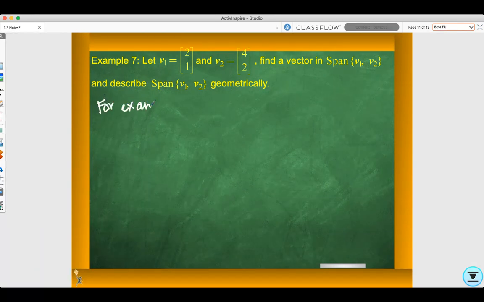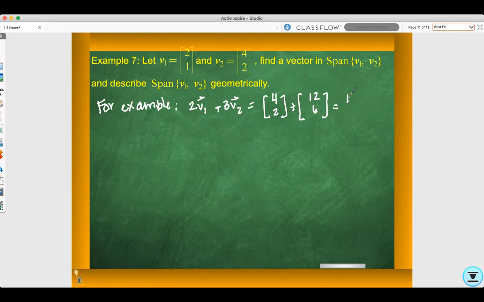For example, I could have 2v1 plus 3v2, and that would equal (4, 2) plus (12, 6), which is (16, 8). So this would be in span v1, v2.